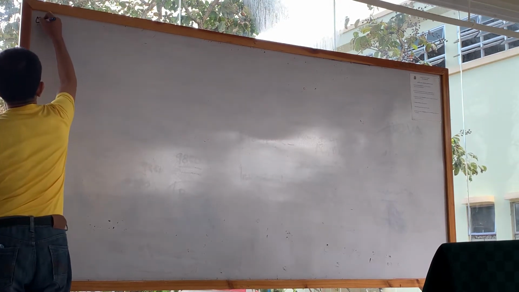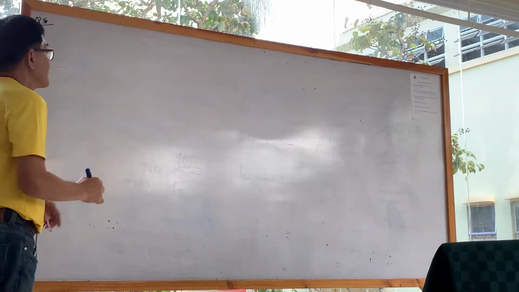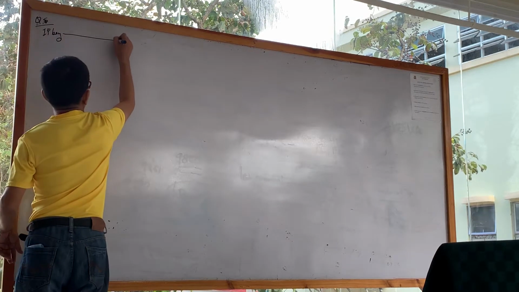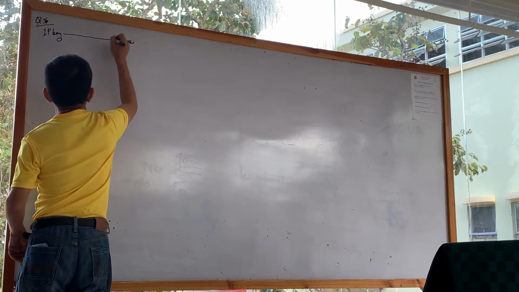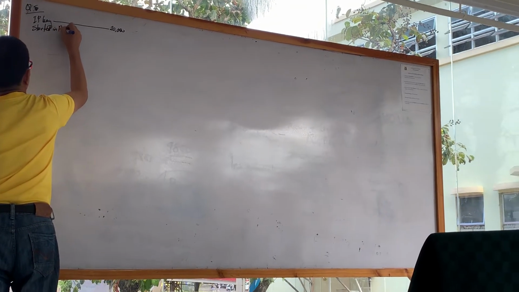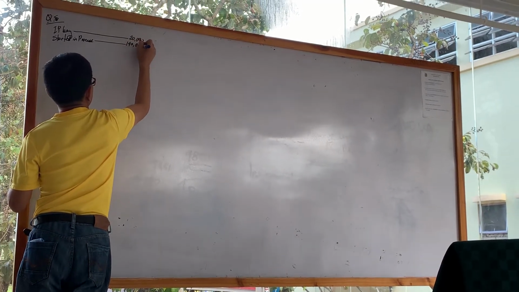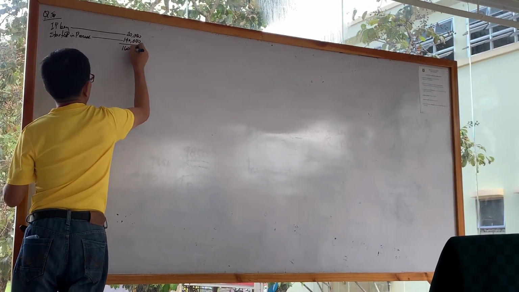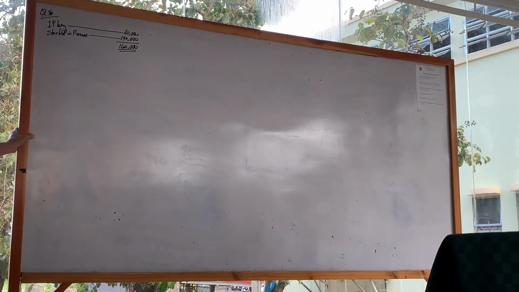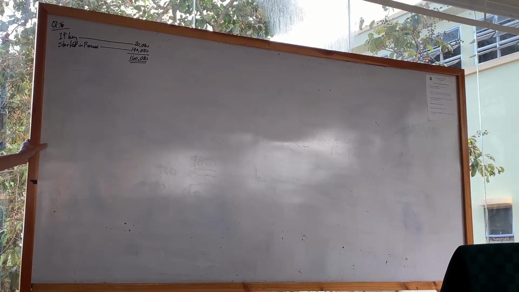So, quantity schedule, machining department, in process, beginning, 20,000, started in process, 140,000, total, 160,000. Okay, first in, first out. Method used, first in, first out.